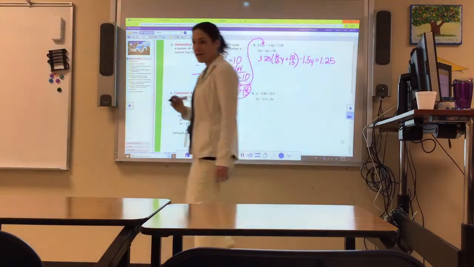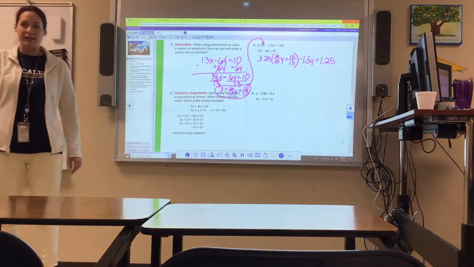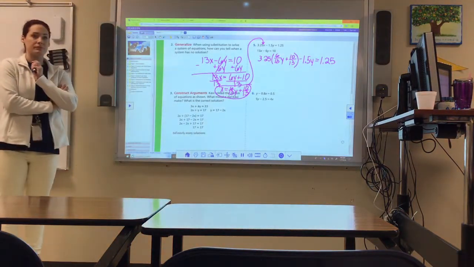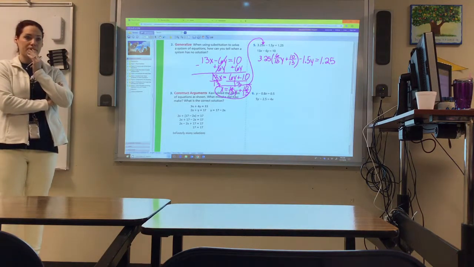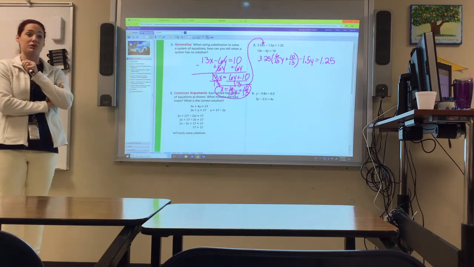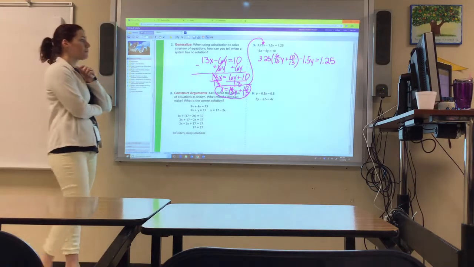You can be writing this down. If you didn't get this, write it out. And if your book is a mess and it's all wrong, grab a sheet of paper and do it on there instead, if you're running out of space.